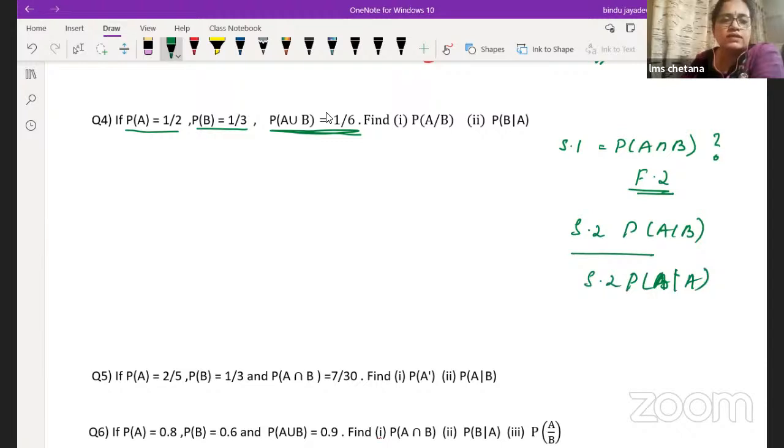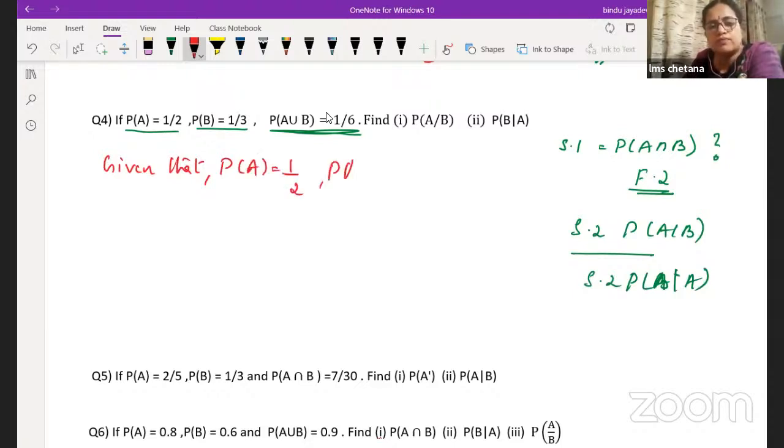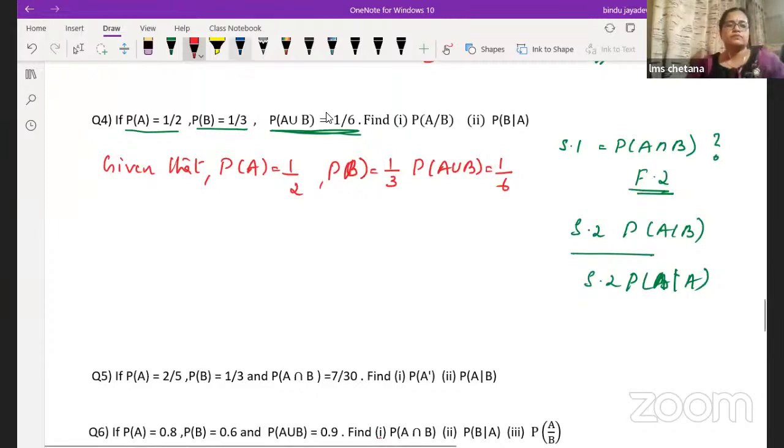Now we'll start. Given that probability of A equal to 1 by 2, probability of B equal to 1 by 3, and probability of A union B equal to 1 upon 6. Now we are going to use formula number 2.